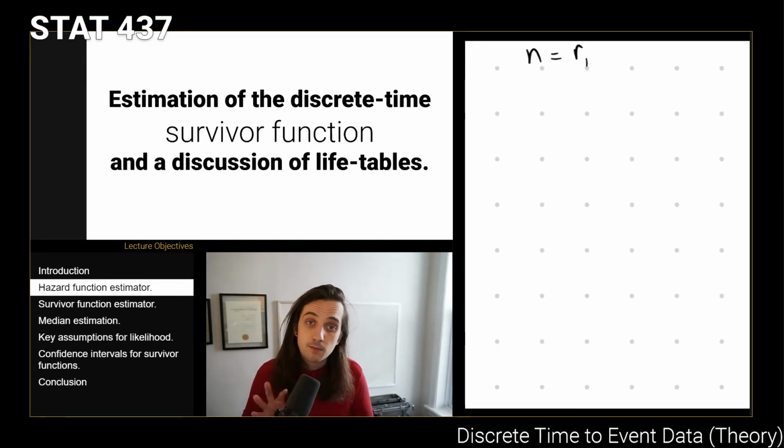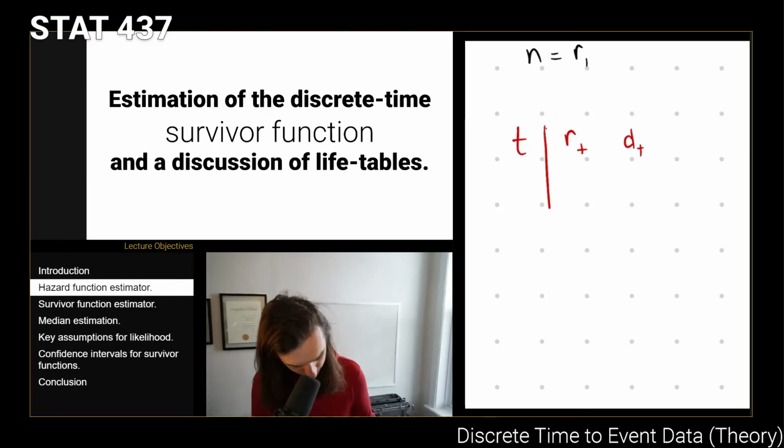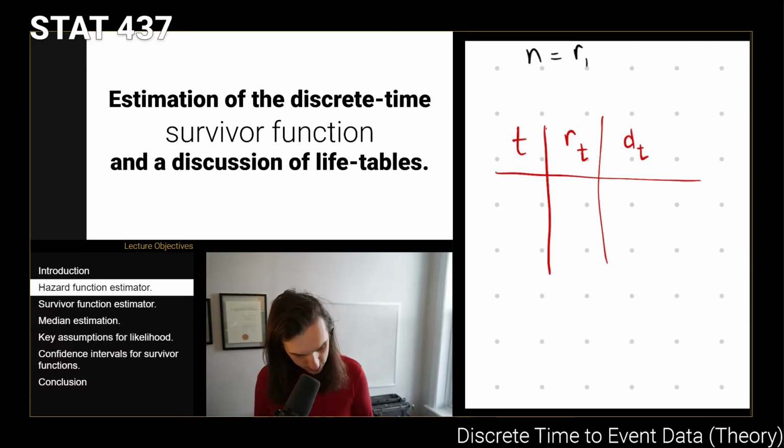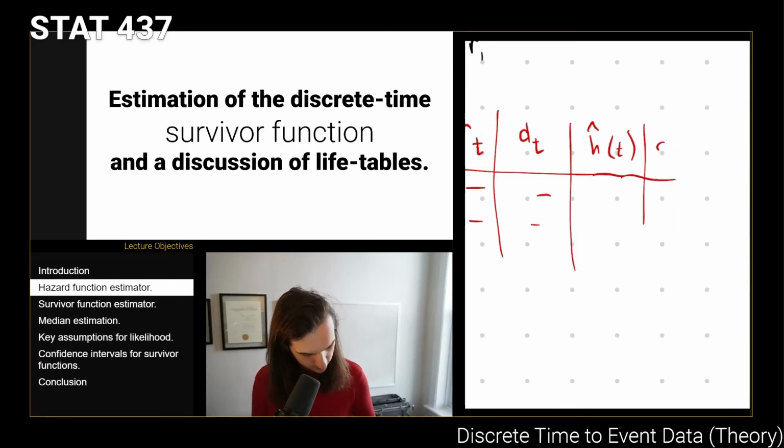Now, the nice thing about both the hazard and the survivor function in this way, and it follows from the hazard function directly, is that all we need are these counts, right? If I give you a table and I say, we have some time period, and then we have the number who are at risk, and we have the number who have their event at time t, then by just filling out this table, you can give me the estimated hazard function, and also you can give me the estimated survivor function.